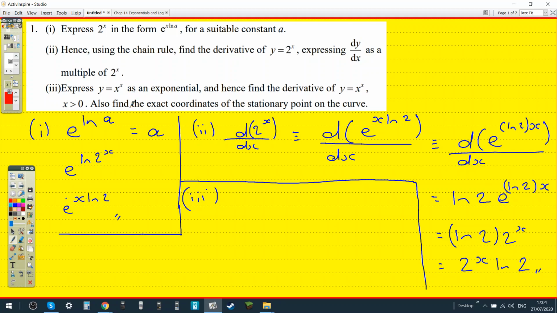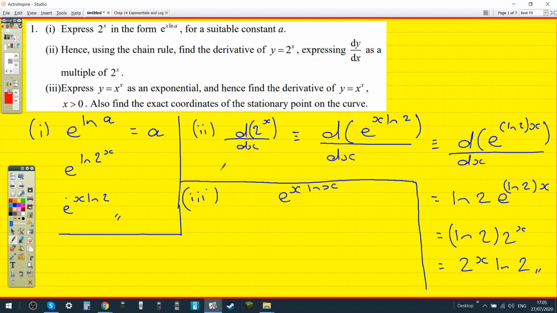Would it be e to the x ln x? I think the ln x would be part of the power, like the first part. Like that. Yeah, I think so.